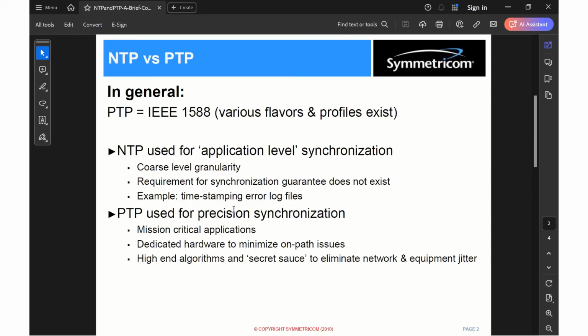For example, NTP can be used for timestamping error logs, log files, etc. But PTP has dedicated hardware to minimize path issues, so it is used for precise sync. It also has high-end algorithms to eliminate network or equipment jitter, that is, latency.